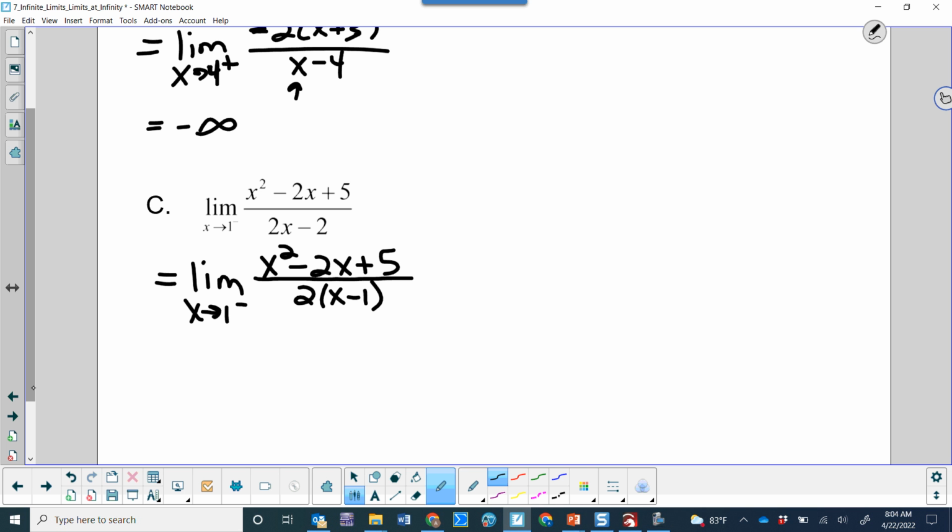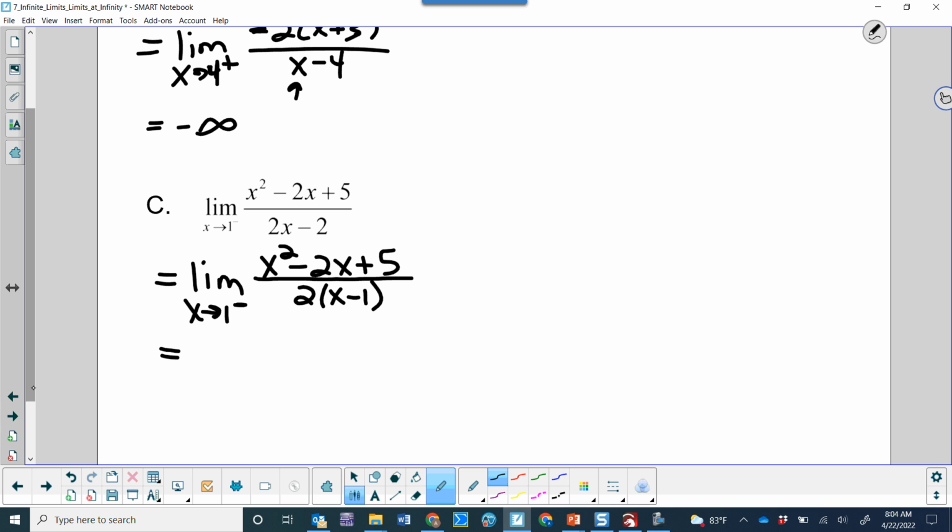If I plug in 1, I see that I get 0 on the bottom, and I'm not going to get 0 on the top, which again would tell me, even without a graph, I have a vertical asymptote here. So all I need to know is, am I getting positive or negative? That's all I care about.